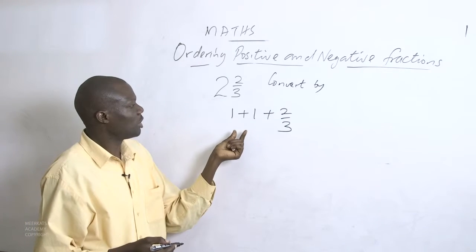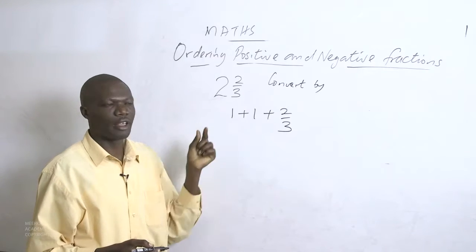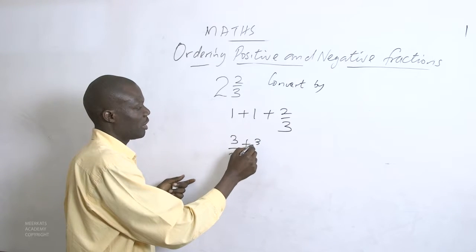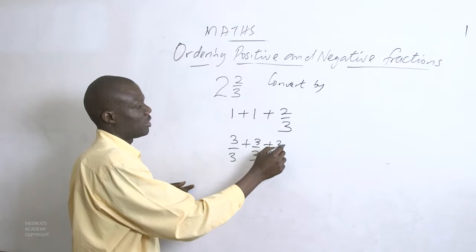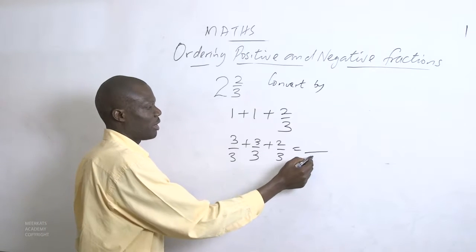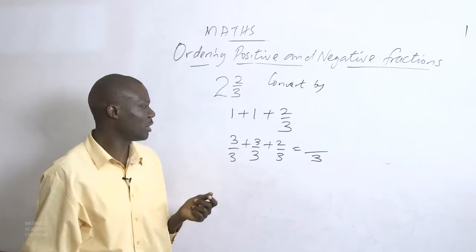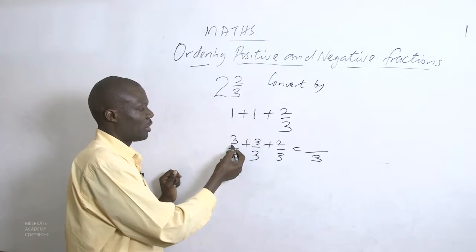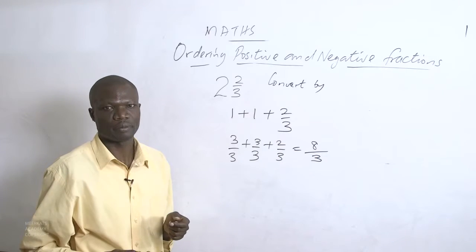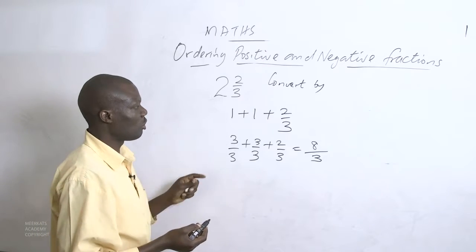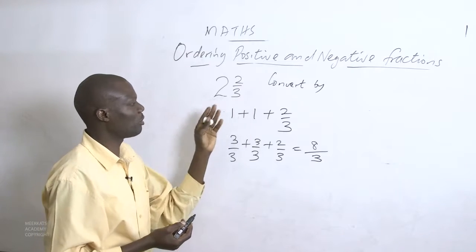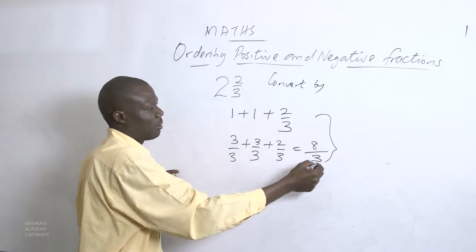A 1 is the same as 3 over 3, another 1 is the same as 3 over 3, and then plus 2 over 3. The denominator remains 3, and the numerators are 3 plus 3, which is 6, and then plus 2, which is 8. So we can convert a mixed numeral into an improper fraction using this method.